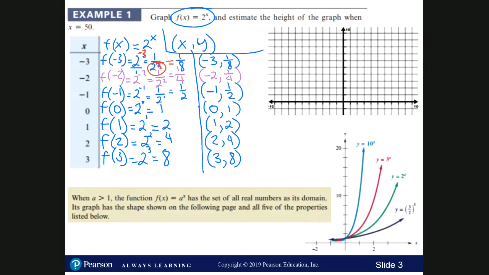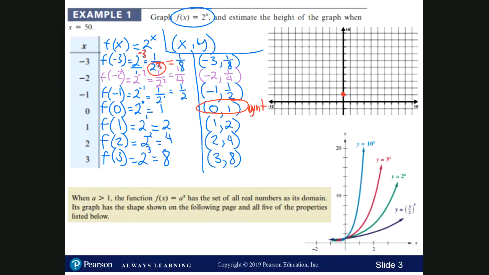Now we're going to use those points that we found, and we're going to plot them in here. So we could see clearly that this point, since the x value is 0, is going to be on the y-axis. Therefore, we can go ahead and call it our y-intercept, because it is on the y-axis.